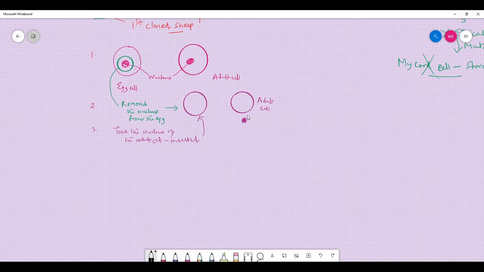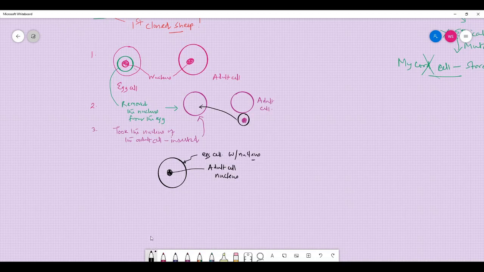After that, what do you get? You get a cell with a nucleus, and this nucleus came from the adult cell, and this is the egg cell without its own nucleus.